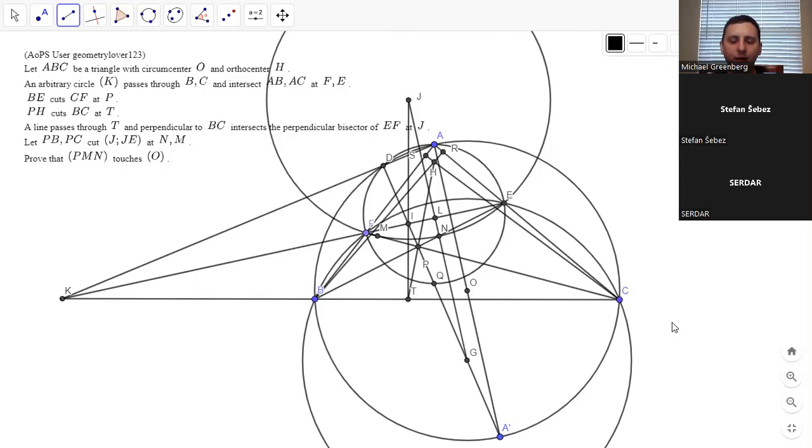Angle condition. Okay. Wow, there's a lot going on here. Okay, so we know that J, I, and T are collinear, which is good to know.